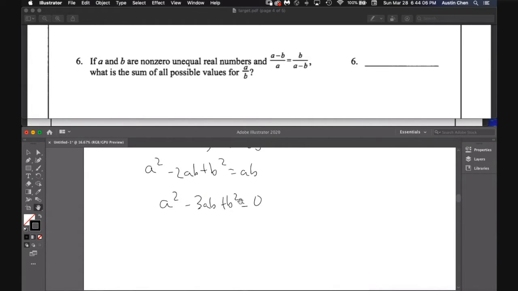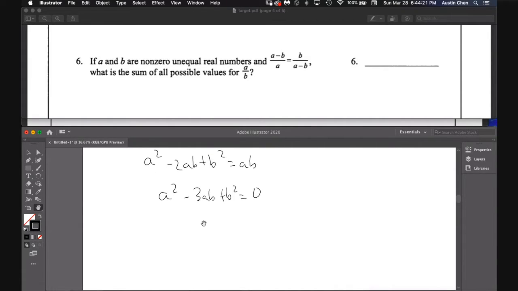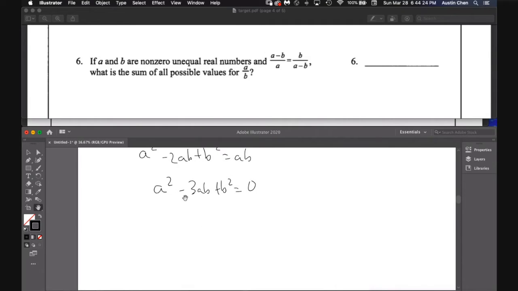So this is one thing that you have to notice. It's just a trick to notice, I guess, and that is if you divide this whole expression by B squared, then you can get an expression that is just quadratic in A over B. So if we divide this expression by B squared, we get A squared over B squared minus 3A over B, since one B from the B squared cancels with this B, and then B squared cancels with B squared, just like 1.